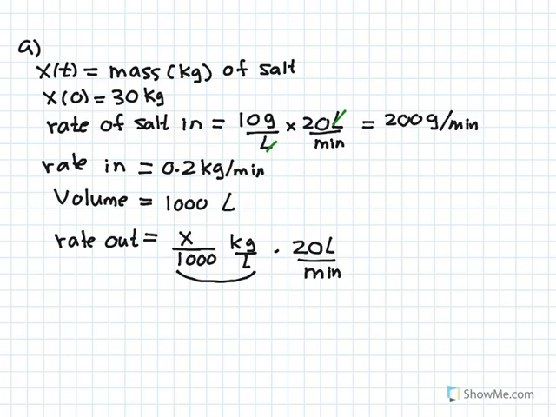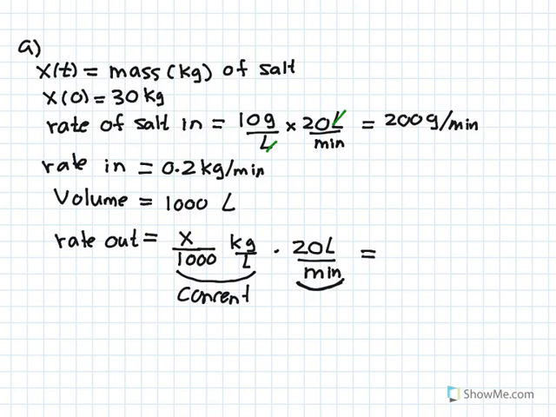This is really important, so I'm going to repeat myself. x over 1,000 kilograms per liter is the concentration of salt in the tank at time t. 20 liters per minute is the amount of solution that's leaving the tank. If you take the concentration of salt in the tank at time t, multiplied by the amount of solution that's leaving the tank, we get the amount of pure salt that's leaving the tank.